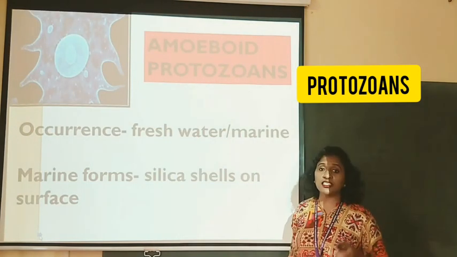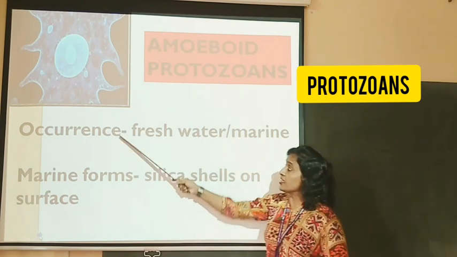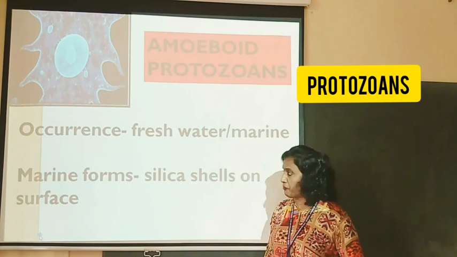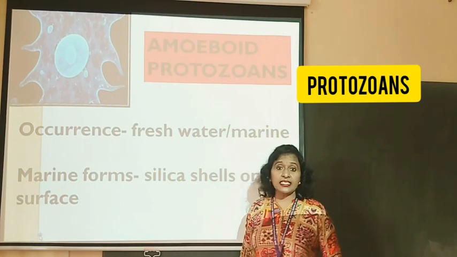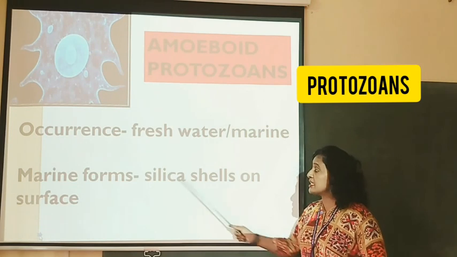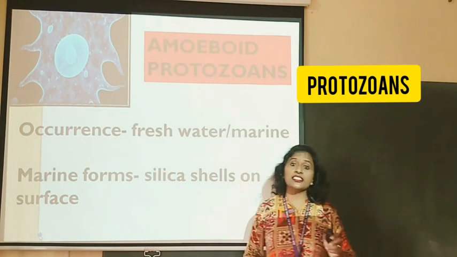The first one is amoeboid protozoan. They occur in fresh water or they can be in the marine form. The organisms that are present in the marine ecosystem will have silica shells on their surface. They do not have any cell wall.